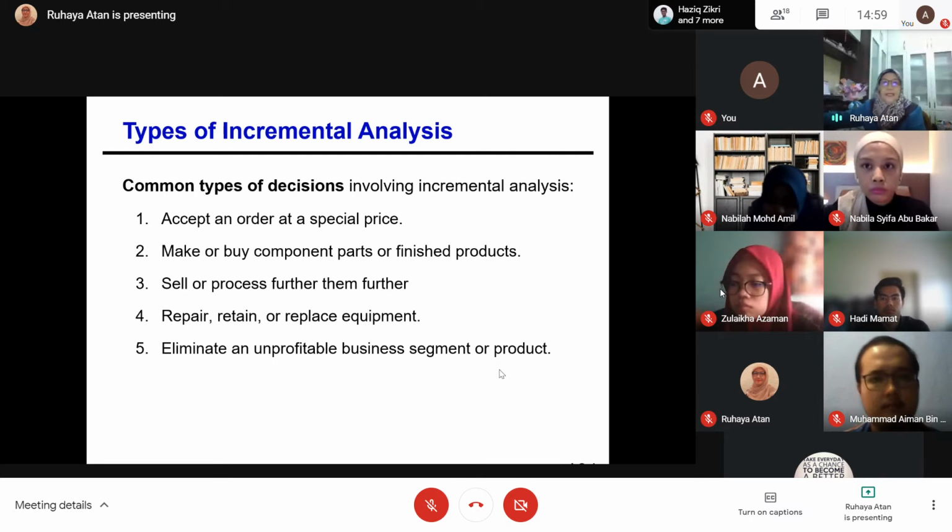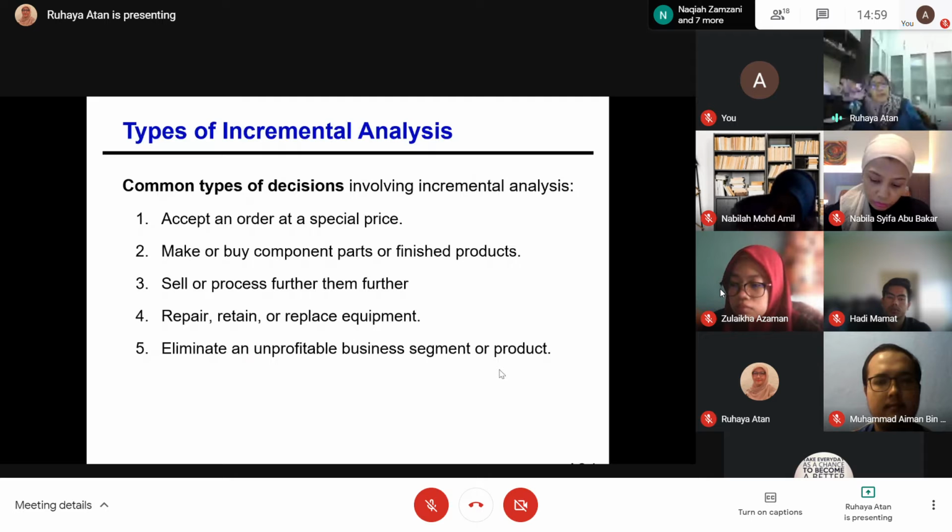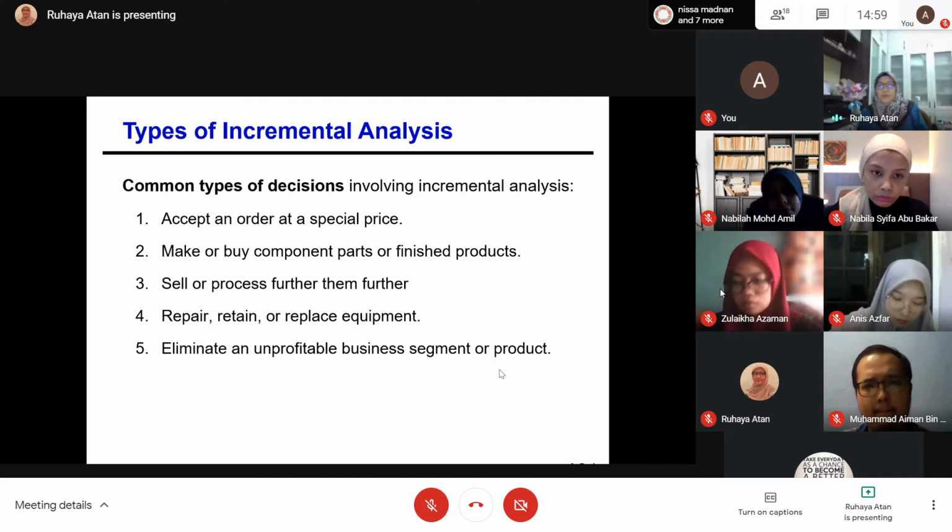So next we look at the types of incremental analysis that we normally do. Common types of decisions involving incremental analysis, for example, accept an order at a special price. Or is it better to buy component parts or the finished products?